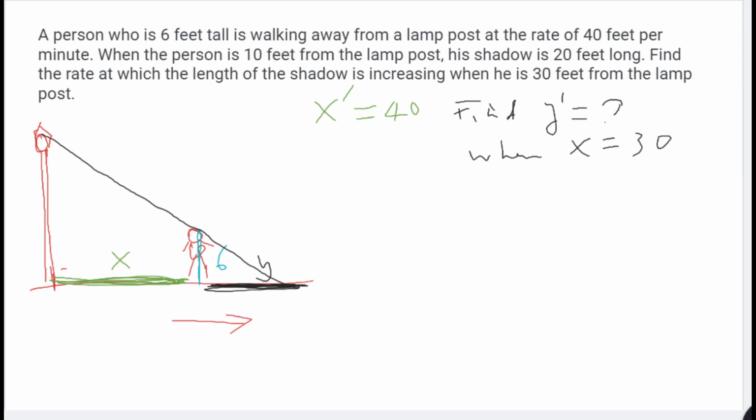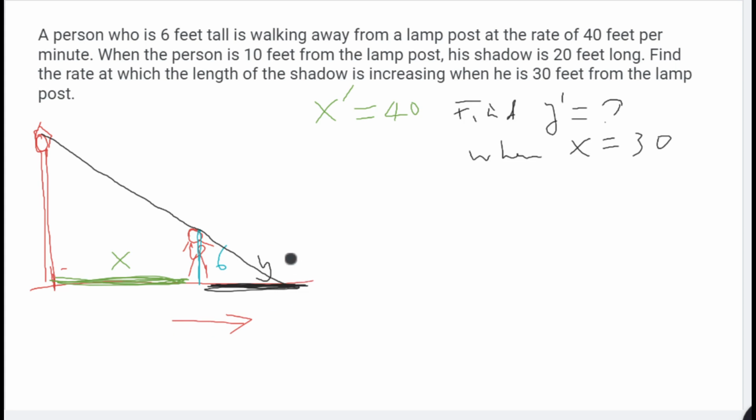As you can see in the picture, we know nothing about this side. We don't even know this side. So the Pythagorean theorem is out of the question. And this doesn't deal with the area, so the area of triangle formula is not relevant. Now what do we do?